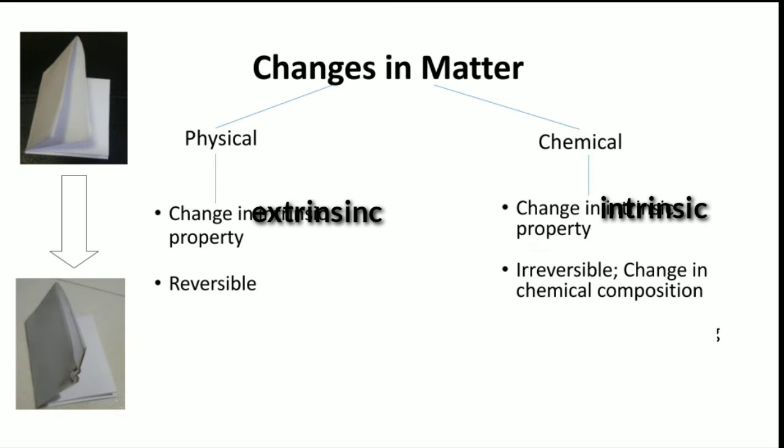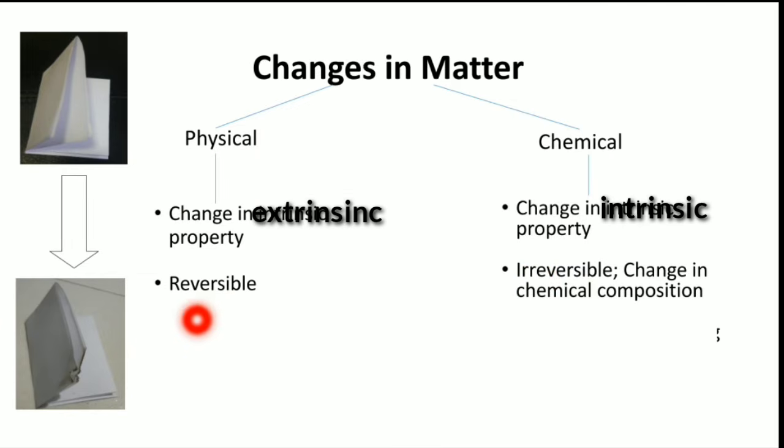Can you unfold the piece of paper? Yes. And you can retain the original paper. It's still a piece of paper. You can retain the volume of the piece of paper. The process is reversible. Burning is irreversible. Once you burn the piece of paper, you can no longer retain its original composition.